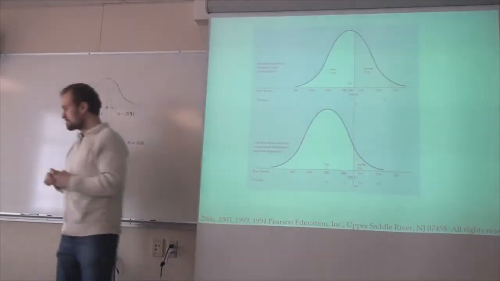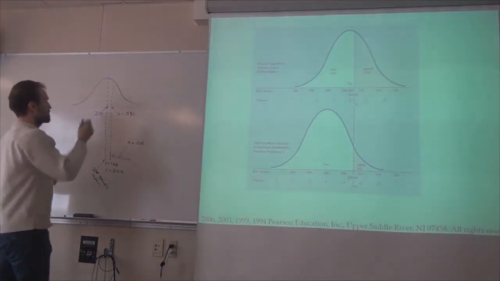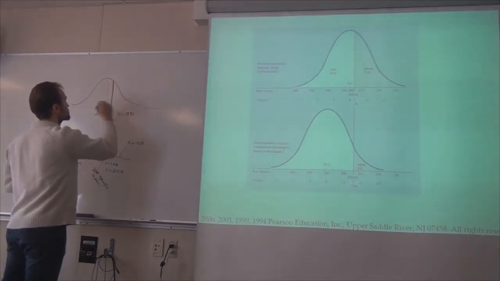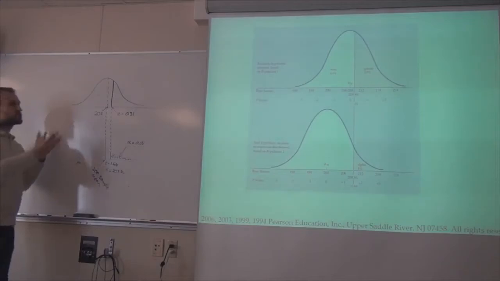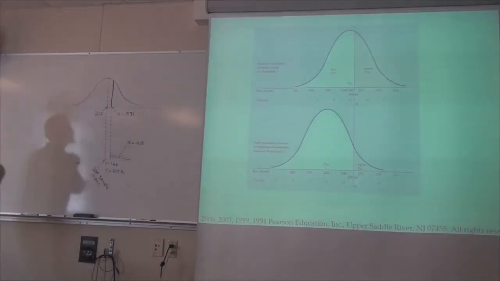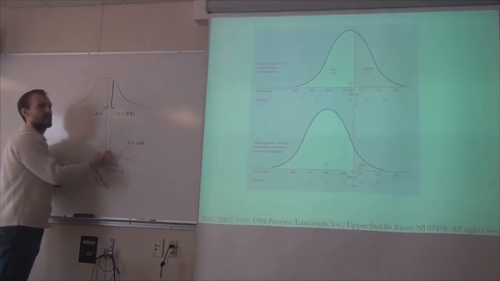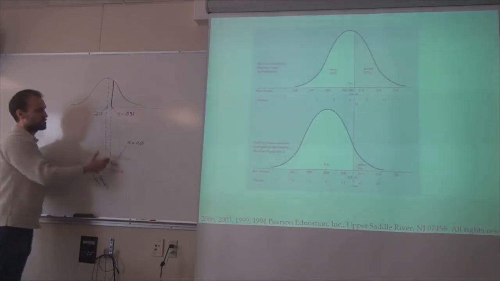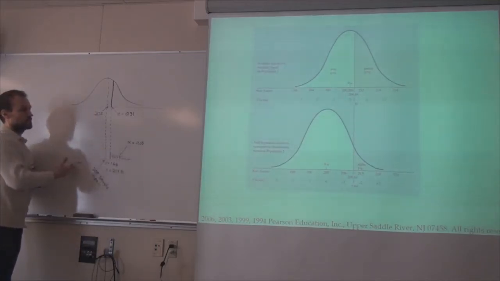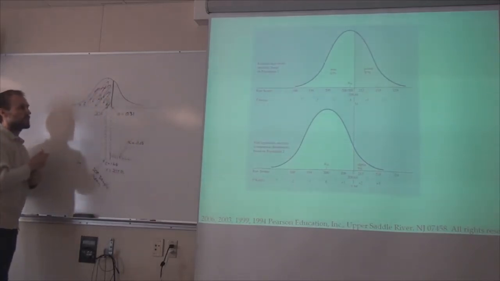So now, what is a type 2 error? The type 2 error, make this line solid, is when the research hypothesis is true and this shift is actually what happened, but I don't reject the null hypothesis. When do I reject the null hypothesis? When I'm over here to the right of this line. So I don't reject the null hypothesis whenever I'm in here. So for all of this, I'm not going to reject the null hypothesis.